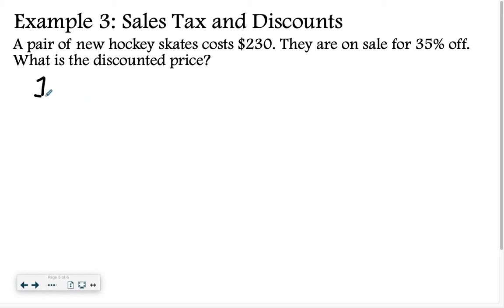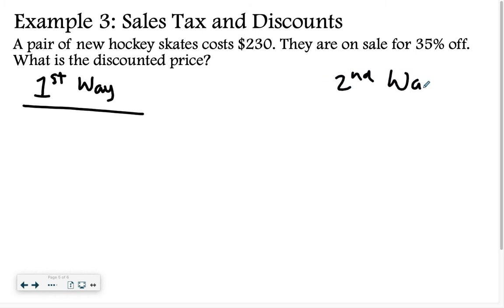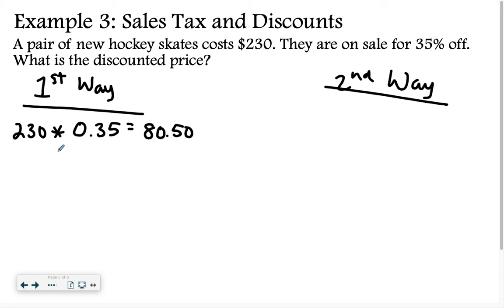So again, I'm going to show you 2 ways. One is a little shorter than the other. All right, so our first way, you take the price of the item times the discount as a decimal. So 35% is 0.35. So if I do 230 times 0.35, I end up with a discount of $80.50 that I am saving.